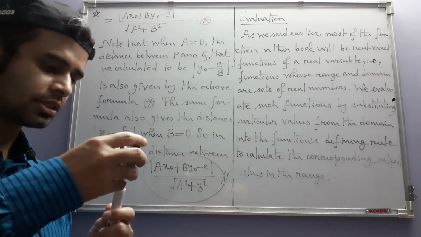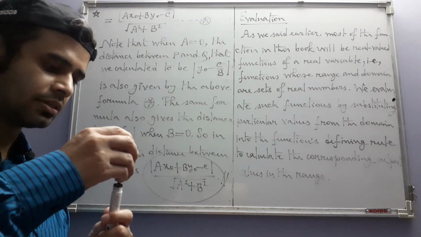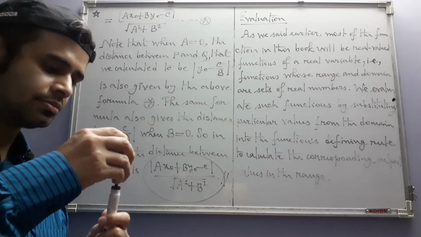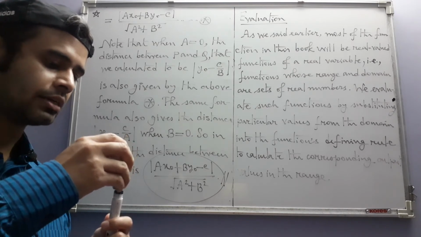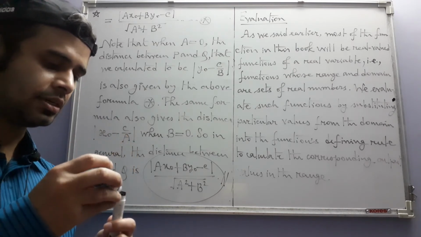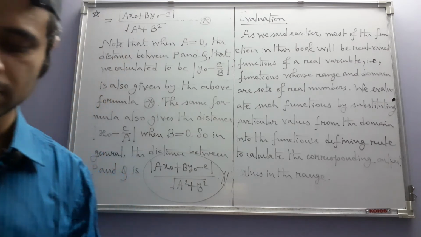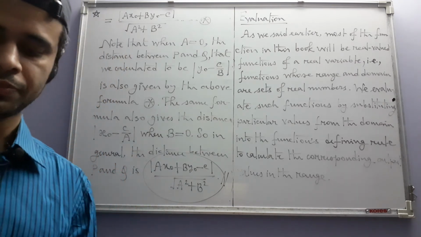And evaluation is, of course, something which is very natural and easy. Evaluation is actually what a function does. It tells you what the output is for a given input.